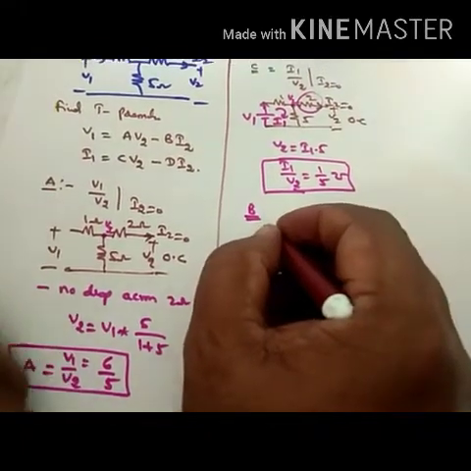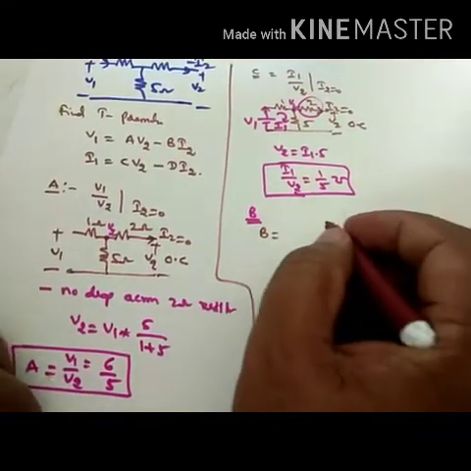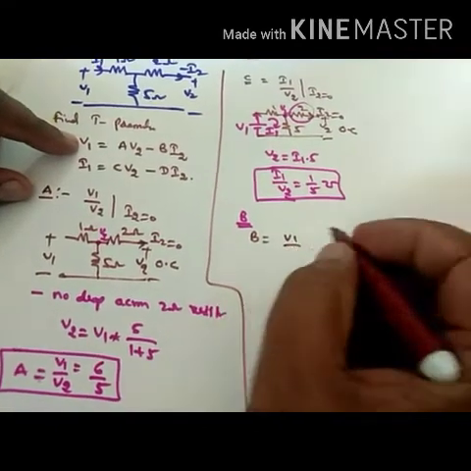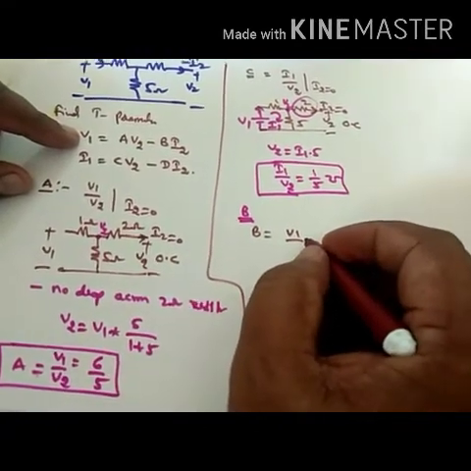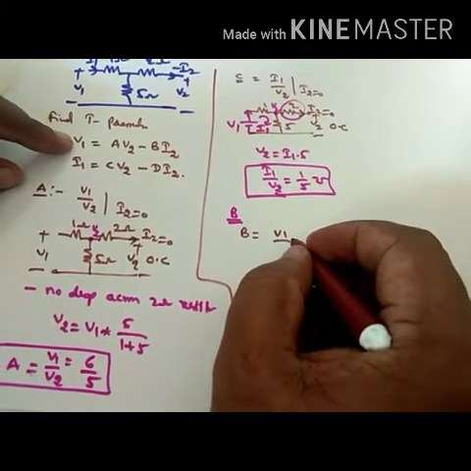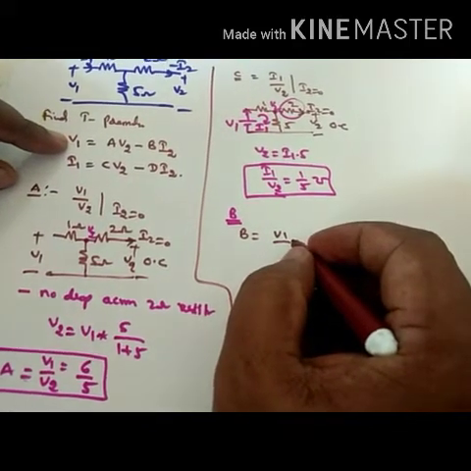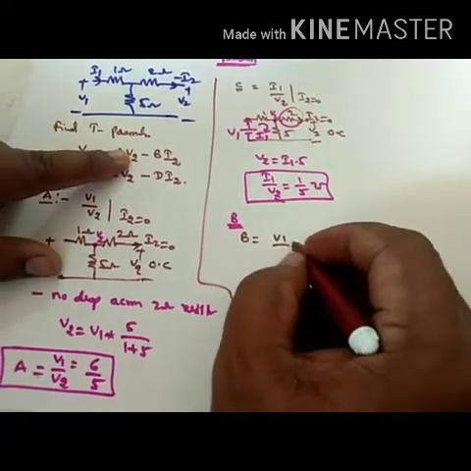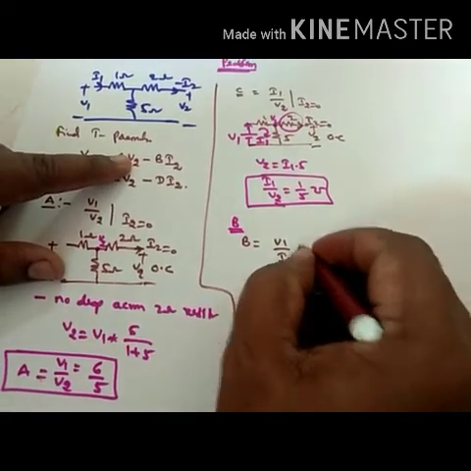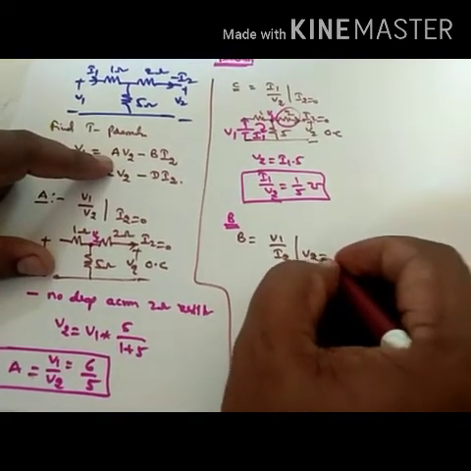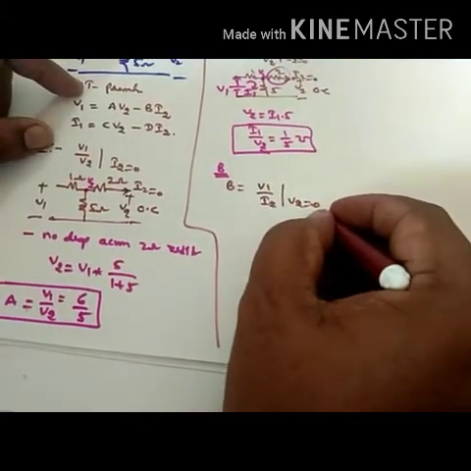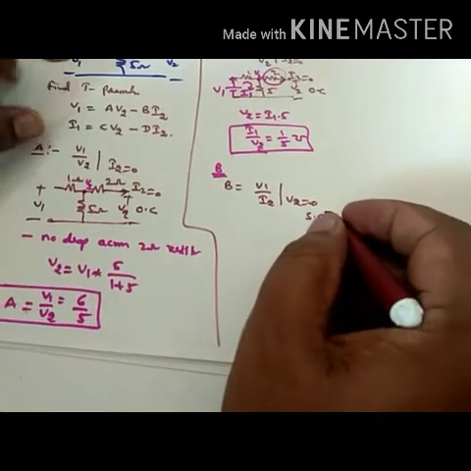The B parameter is equal to V1 by I2 when V2 is equal to 0. V2 equal to 0 means short circuit.